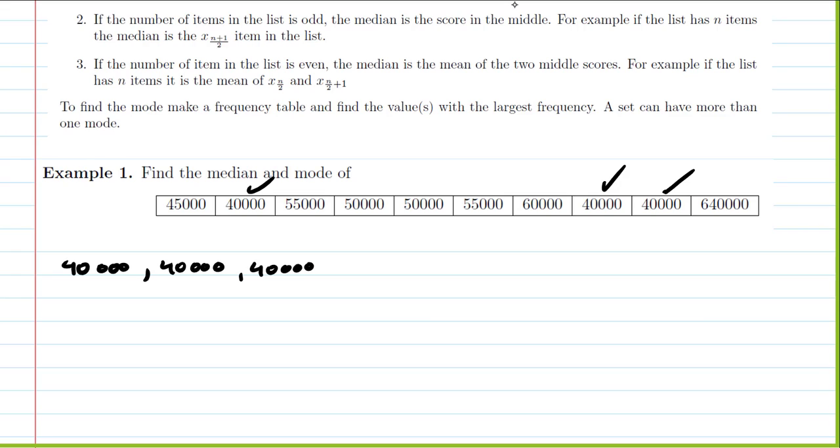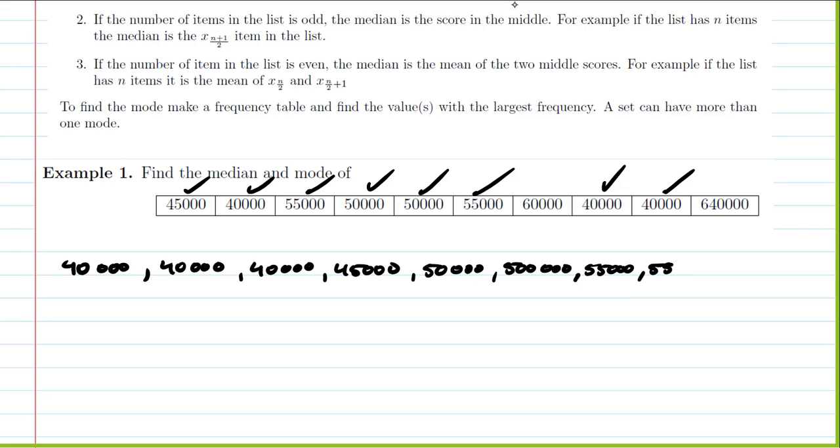I think that's all of those. And then we go to our next one, which is 45,000. Just one of those. Our next one is 50,000, and we have two of those. And we have 55,000, we have two of those. We have a 60,000, and then a 640,000.